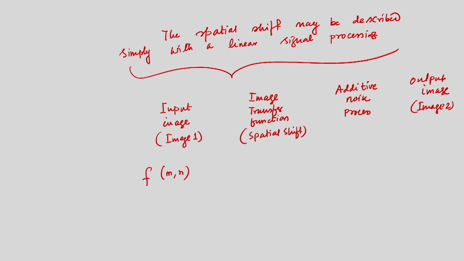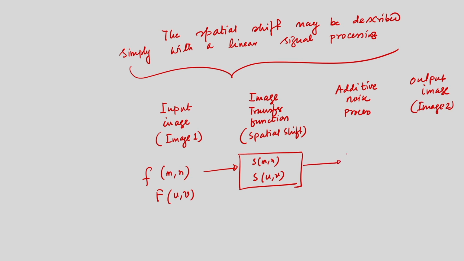Now, that means f of m comma n, I am writing m comma n, that is the function f of u, v, that will now be taken into S of m comma n, that is S of u comma v, the image spatial shift.